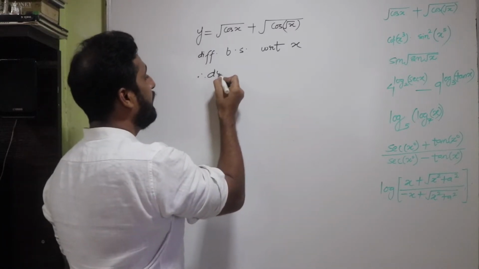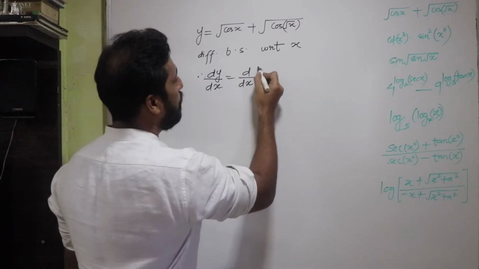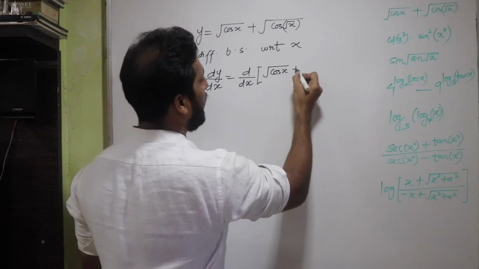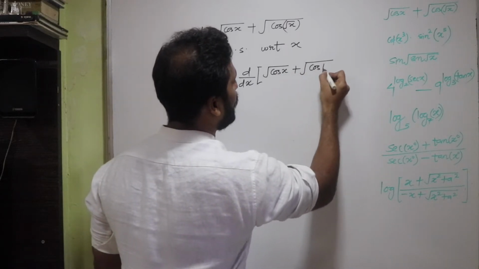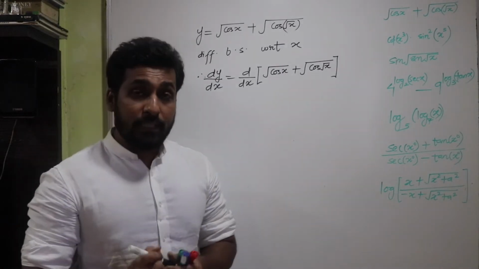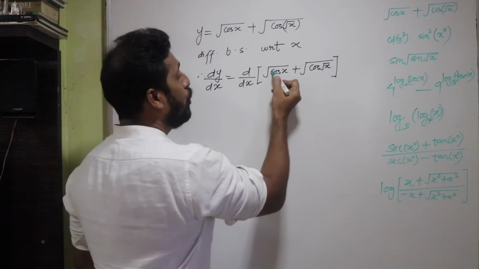So I get dy by dx is equal to d by dx of your question, which is root of cos x plus root of cos of root x, and you close your bracket. Now we have already seen, or we already know, the derivative of u plus v.